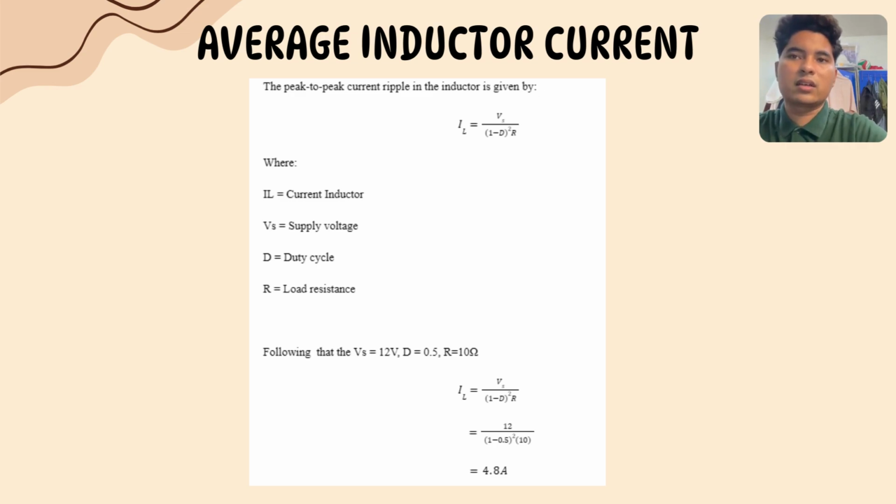For the DC-DC boost converter, this is the calculation for average inductor current. IL is the inductor current, Vs is the supply voltage, D is the duty cycle, and R is the load resistance. This is the formula we use to find IL, the average inductor current. We get 4.8 amperes using this formula.